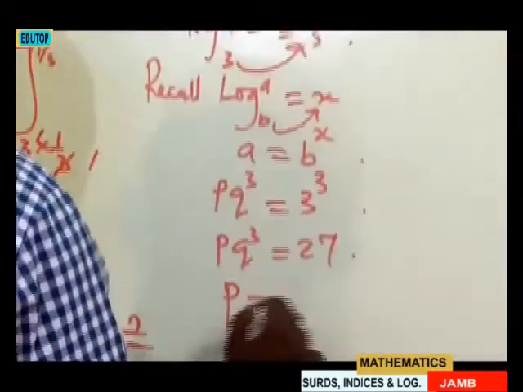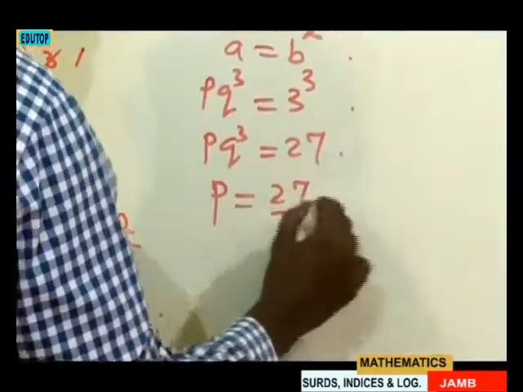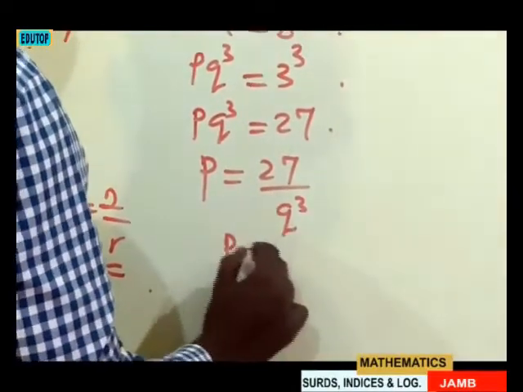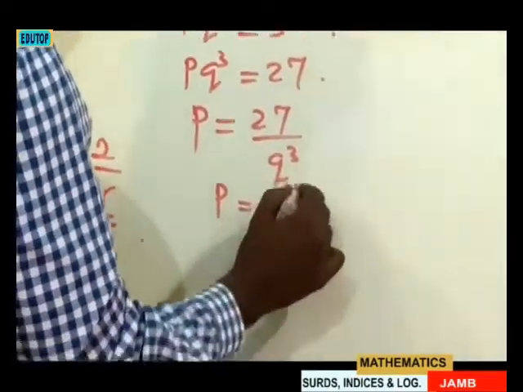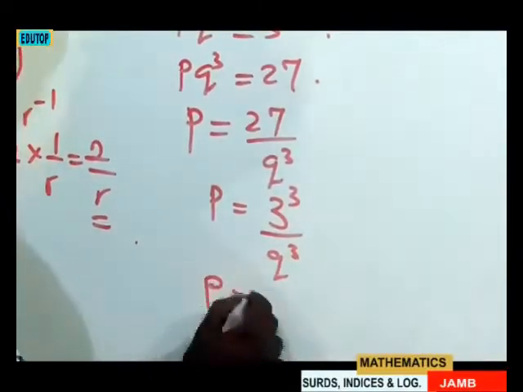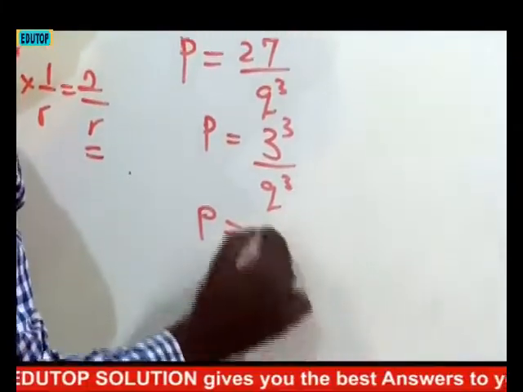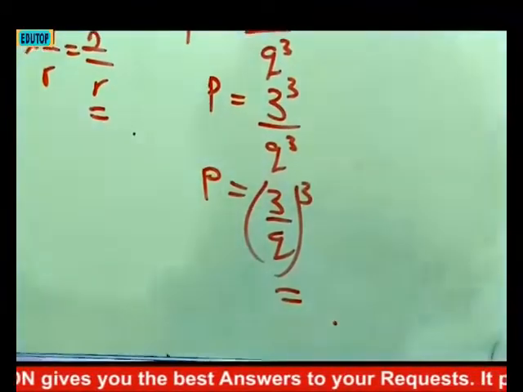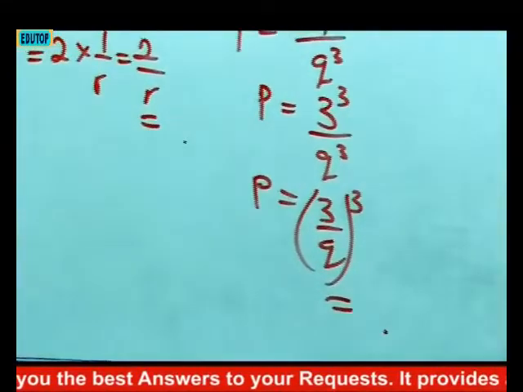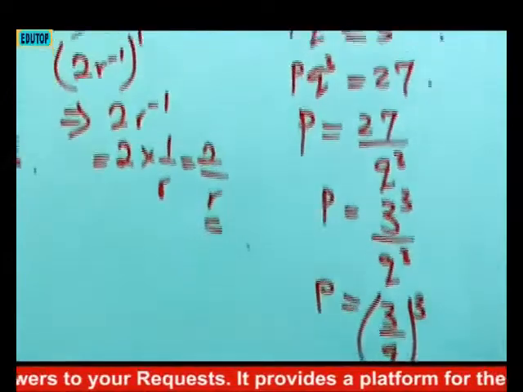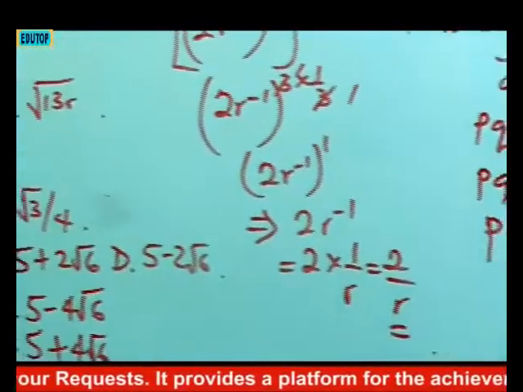Then my P will now be 27 divided by Q cubed, which means P, what is 27? 3 raised to power 3. So I can write it as P equals 3 over Q, everything raised to power 3. So I go to my options and see the one that correlates to this: 3 over Q, everything raised to power 3. That is option B. That matches.